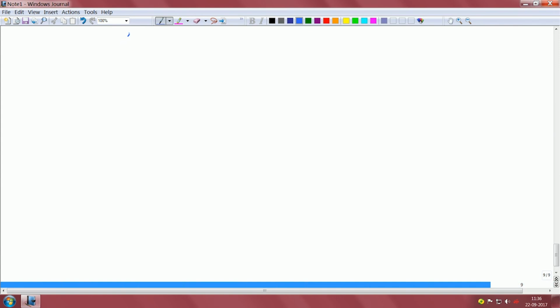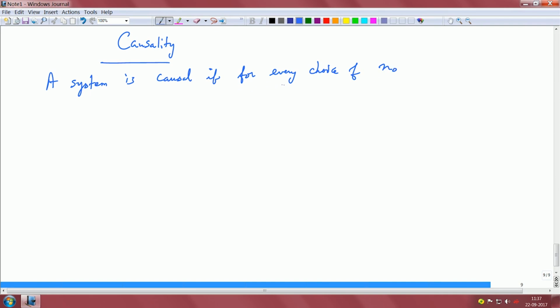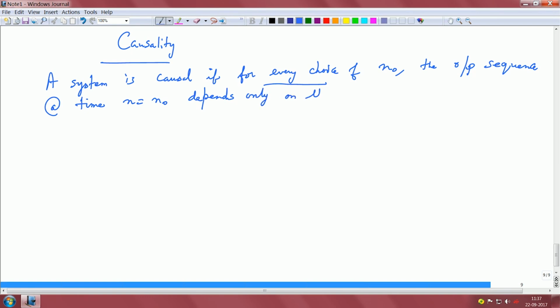Another concept which is important is causality. A system is causal if for every choice of n naught the output sequence at time n equals n naught depends only on the input sequence for n less than or equal to n naught.